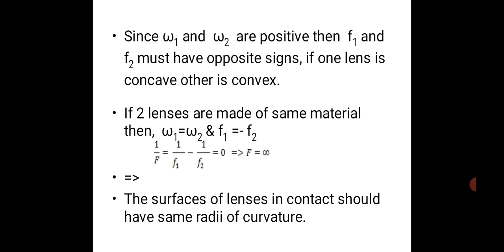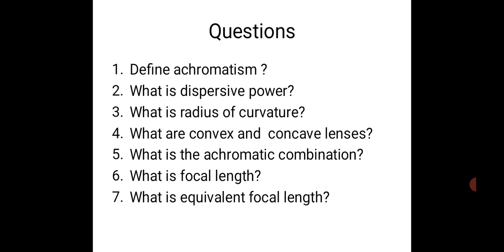Replacing this, we get 1 by f equal to 1 by f1 minus 1 by f2, which is equal to 0, which implies f is equal to infinity. That is, the focal length is at infinite distance. So, the surfaces of lenses in contact should have the same radii of curvature.